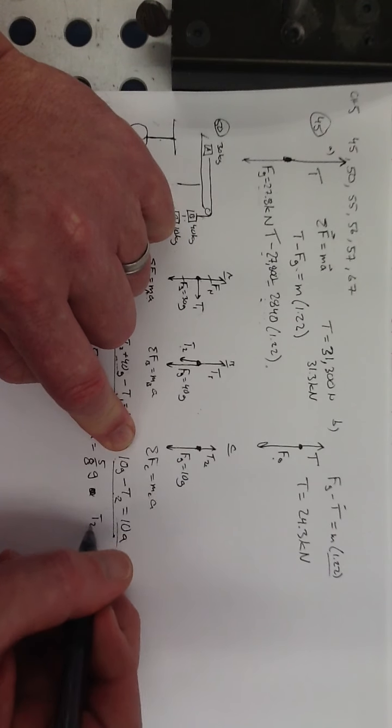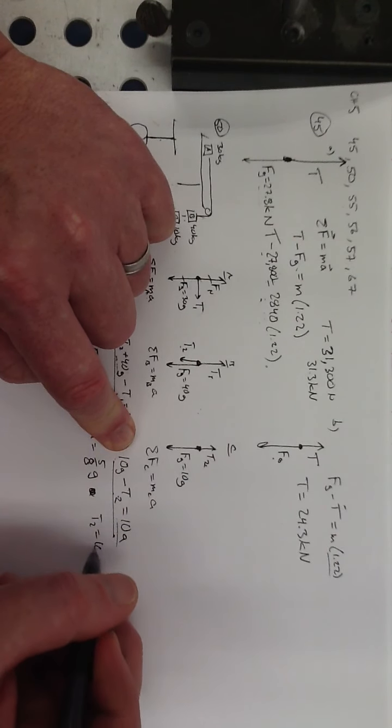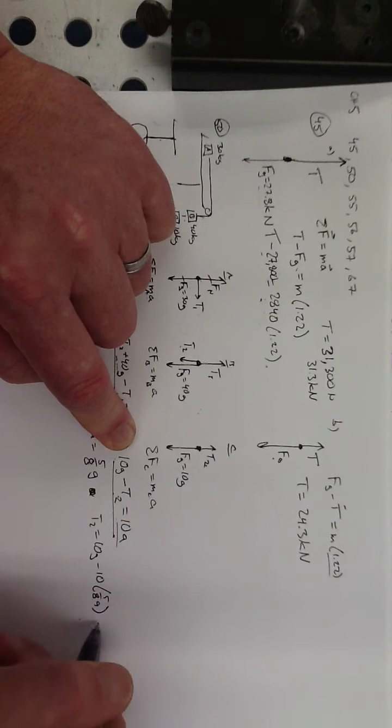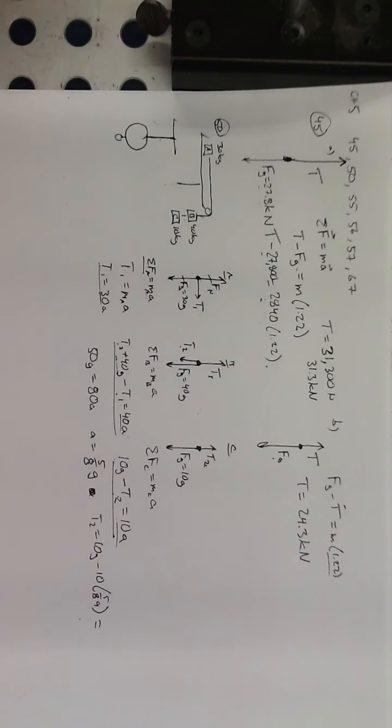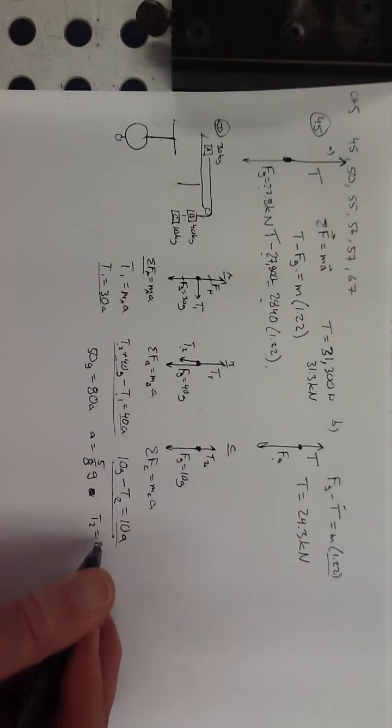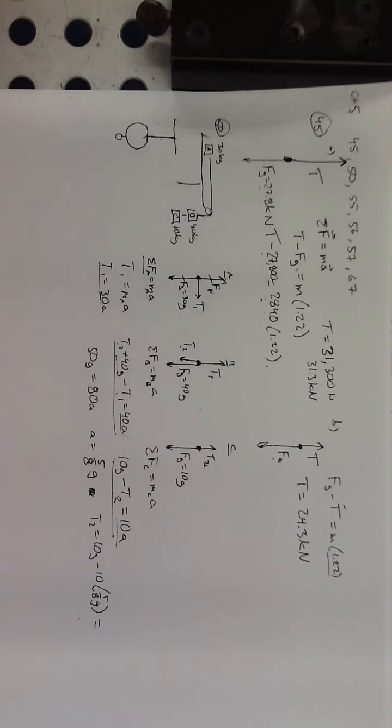So T2 is equal to 10G minus 10A, which is 10 minus 50 over 8 times G, or however you want to simplify that.